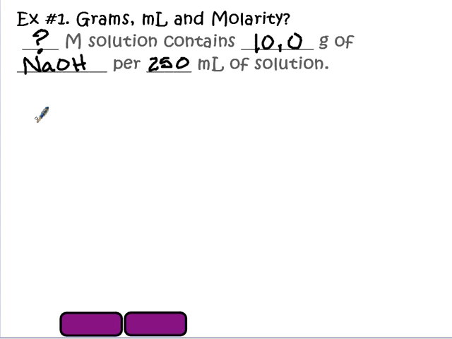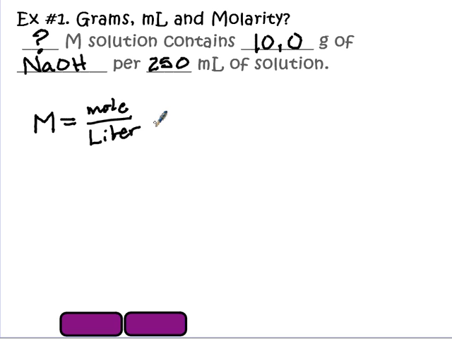Now, we know we're looking for molarity, so I'm going to put my big capital M here. And I know that it's moles of the solute divided by the liters of solution. So there's the things that I'm looking for. And so I need information about the solute to go on top.